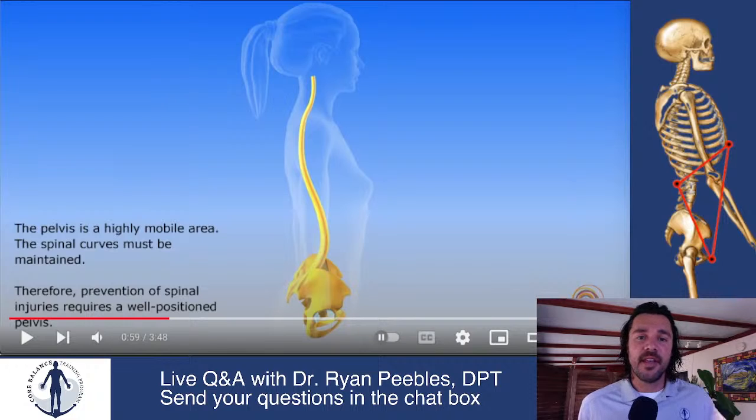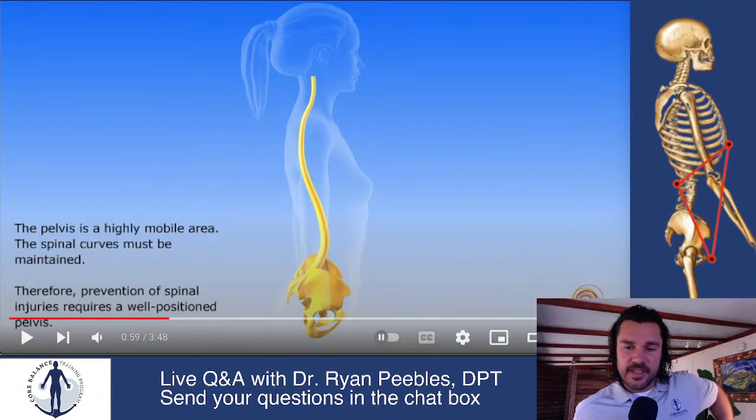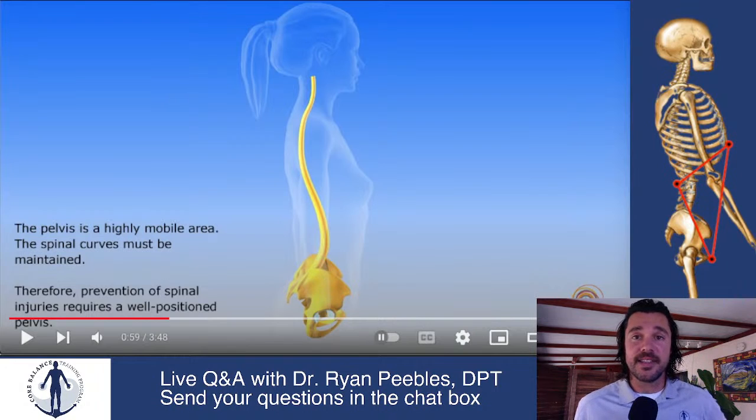And if you can take your hand and stick it behind your back and slide it under your spine, and your spine is touching the floor or pushing on the floor, it's not slightly curved up off of the floor, then that may mean that you have a posterior pelvic tilt.